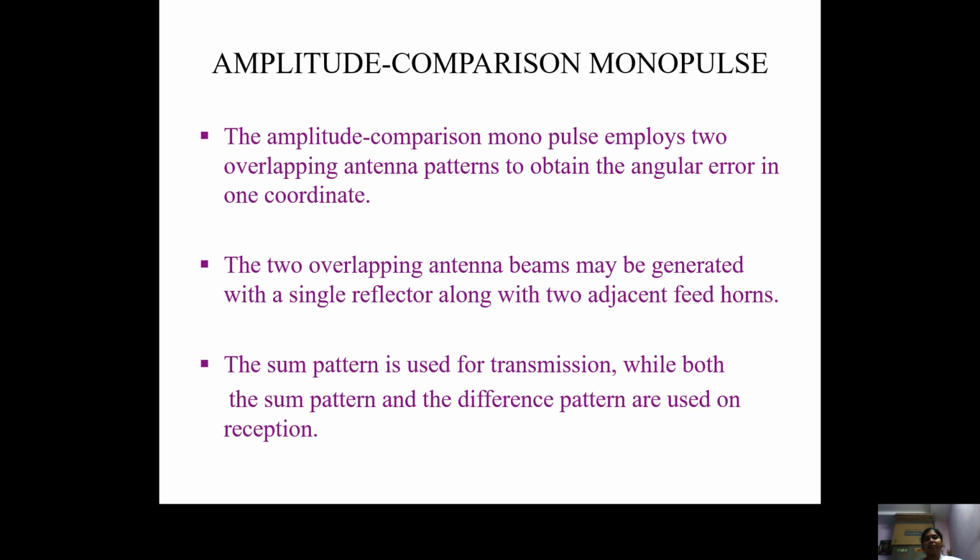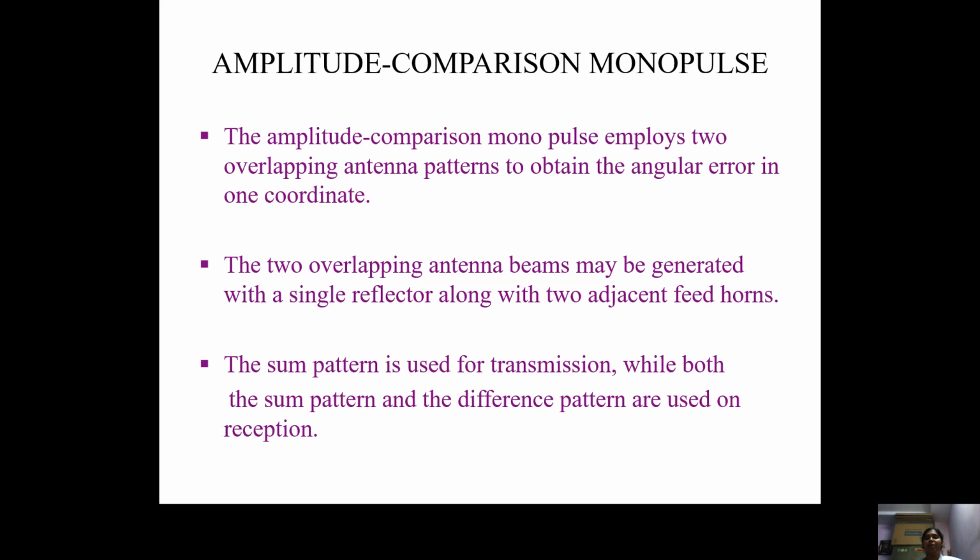Since the technique we are using here is amplitude comparison, it is known as amplitude comparison monopulse, because here we study the variation of amplitude, based on which the angular information can be taken. The amplitude comparison monopulse implies two overlapping antenna patterns to obtain the angular error in one coordinate.